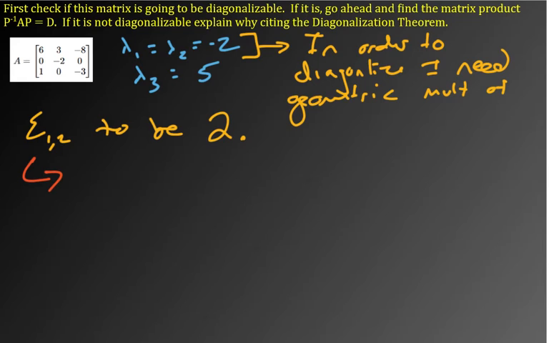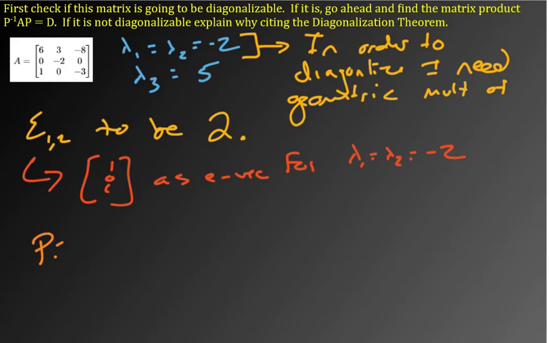And what you would notice, if you go and compute the eigenvectors, is you're going to get 1, 0, 1 as an eigenvector for lambda 1 equal to lambda 2 equal to -2. And you get only that. You don't get another one. So if you go and try to construct P, you're going to start putting in vectors.